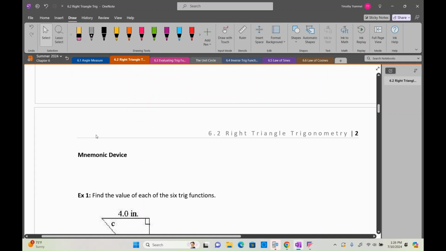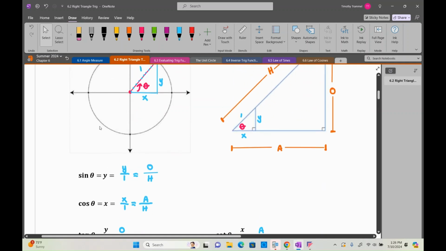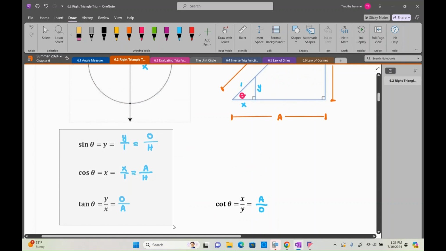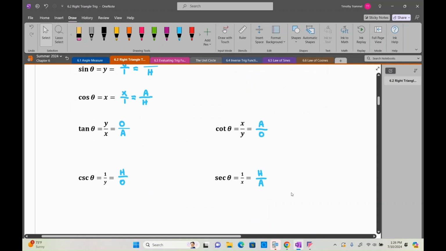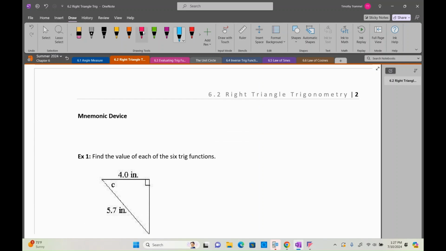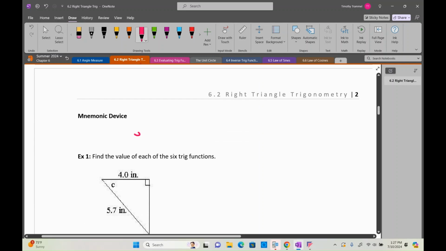And we do have a mnemonic device to remember this. I actually only ever remember this relationship for sine, cosine, and tangent because I can get the other three by just writing down the reciprocal for sine, cosine, and tangent. But the mnemonic device that I'm going to be saying is SOH-CAH-TOA.